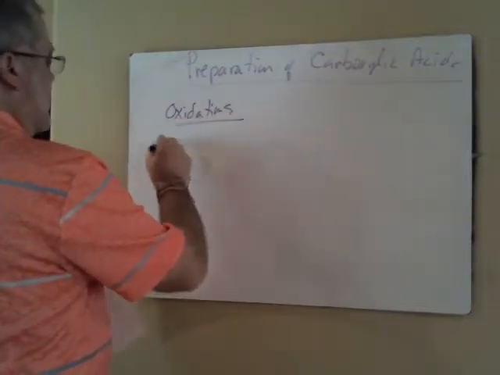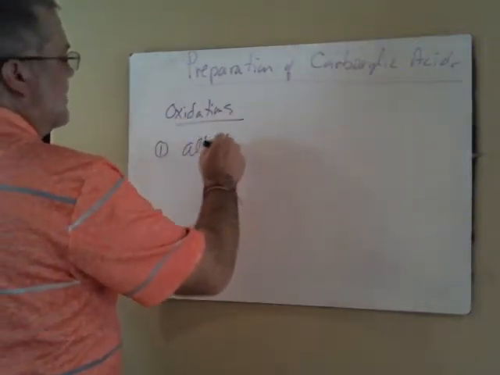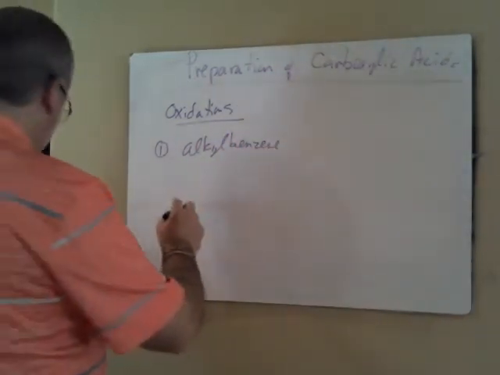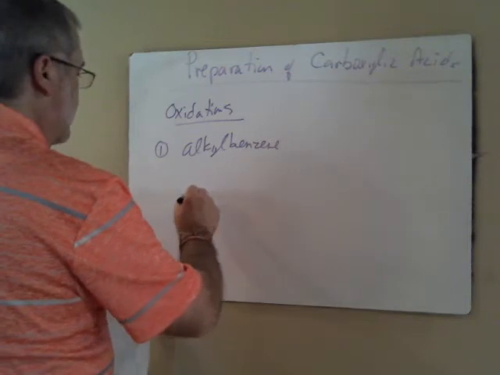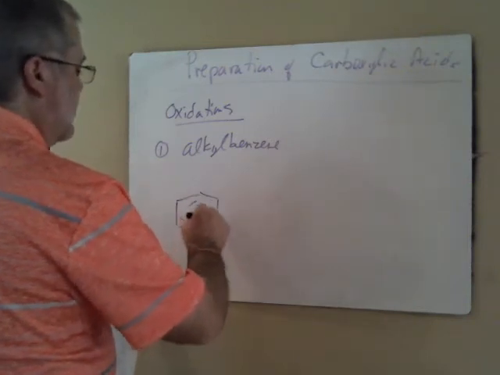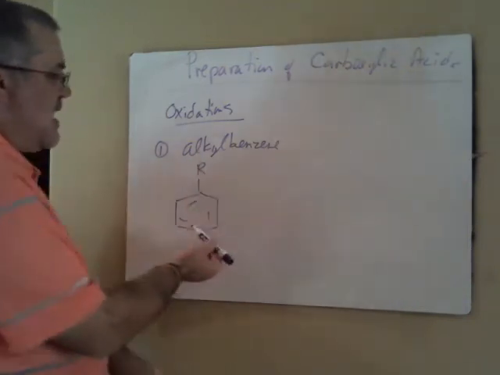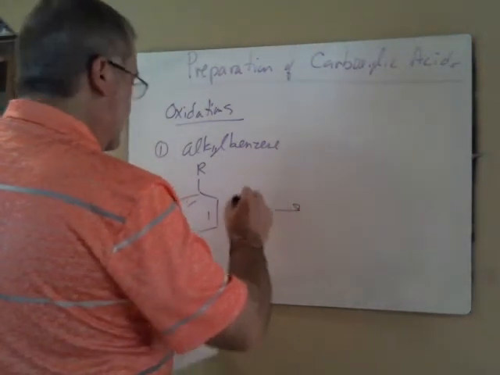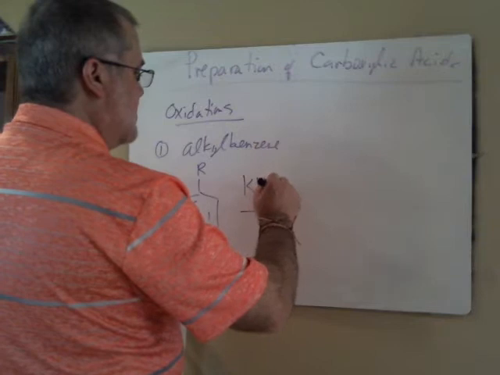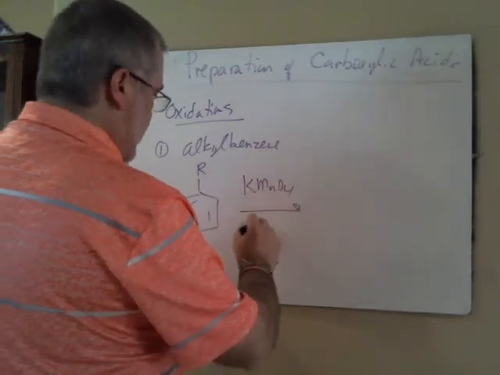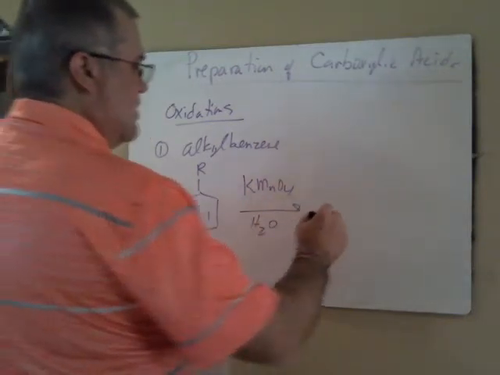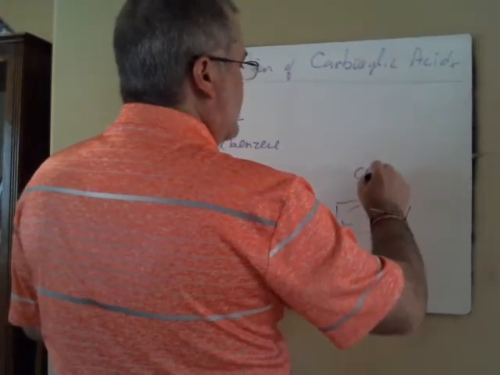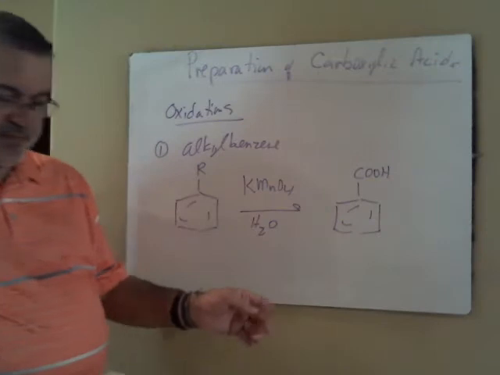First of these was if you had an alkyl benzene. So you have an alkyl benzene, and I'm just going to use the generic because this is review. Remember, if we had a benzene ring and there's an alkyl group attached, we could treat this with potassium permanganate under neutral conditions, and you would always oxidize to the benzoic acid.